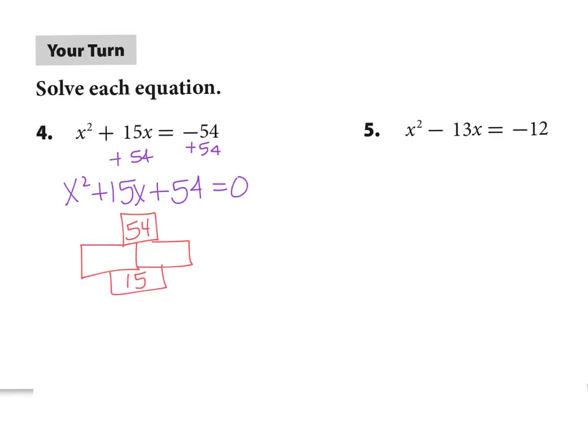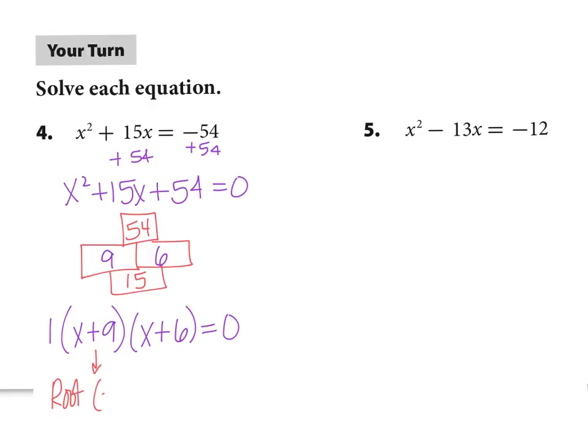If I try to think about what solves that puzzle, I think that's going to be 9 and 6. So my factors, I have 1 for my slope, x plus 9, x plus 6 equals 0. And from there I can find my roots. And I have a root at -9, 0, and another one at -6, 0.